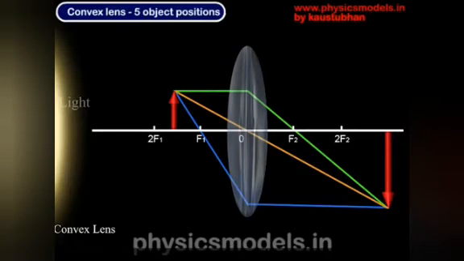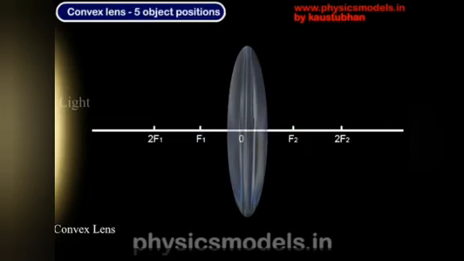Number 2, it's real because real rays are meeting there. And the third thing is that it's enlarged or magnified. This magnification obviously is useful in a compound microscope, and if you get a question on a compound microscope, you will probably have to draw this ray diagram. And of course, a compound microscope uses more than one convex lens.